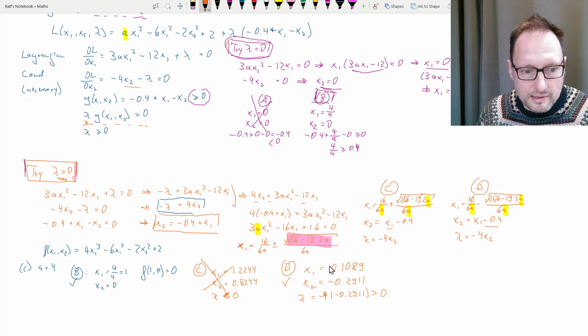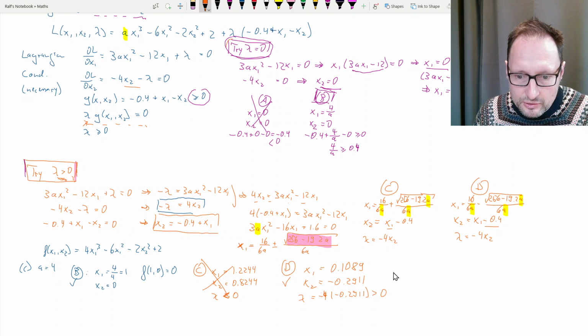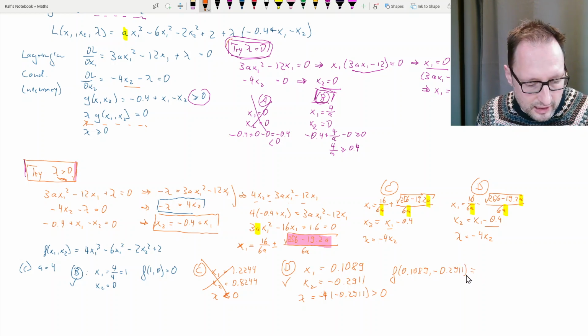We have B and D. Now we need the function value at that point, so we can plug these two coordinates into the function. Again, after a session with your calculator, you will find that the function value here is 1.7645.